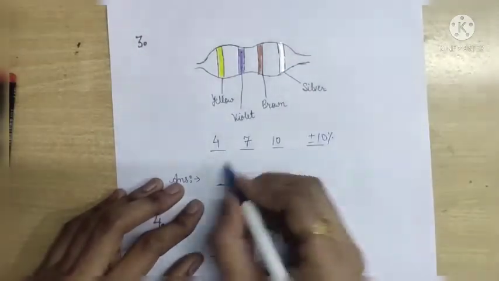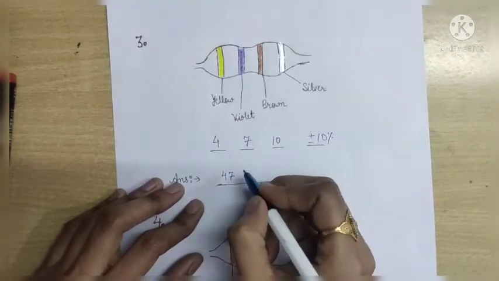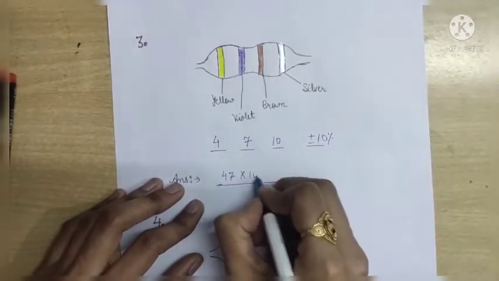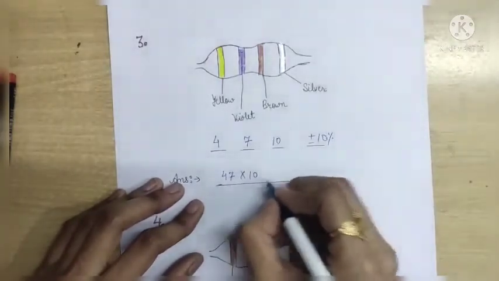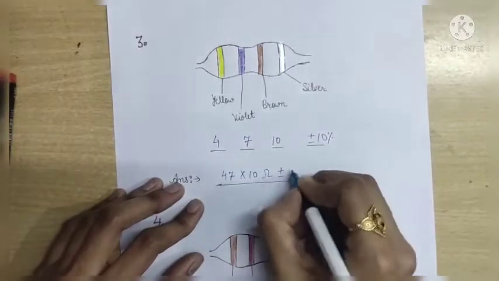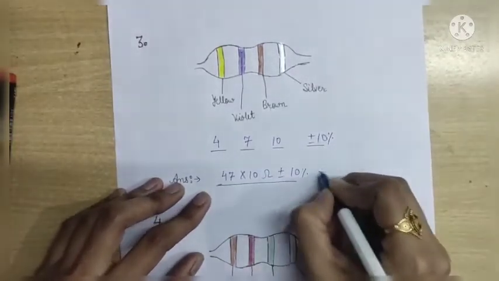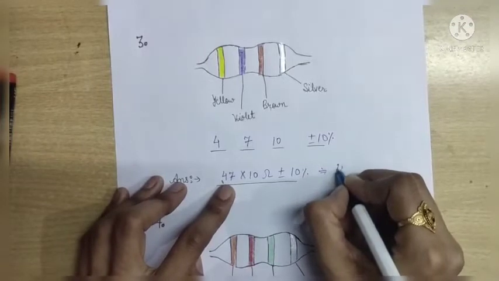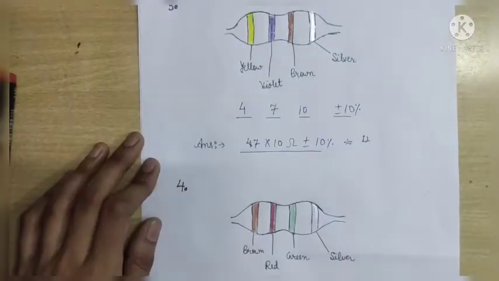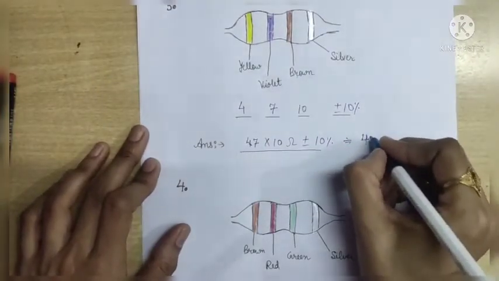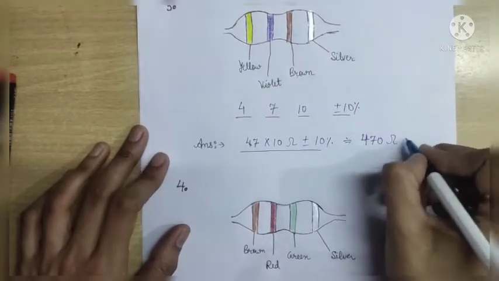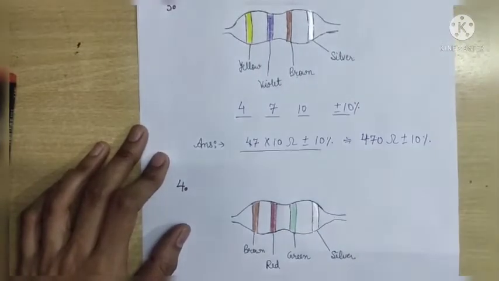So overall it becomes 47 into 10 ohms plus minus 10%, which equals 470 ohms plus minus 10%.